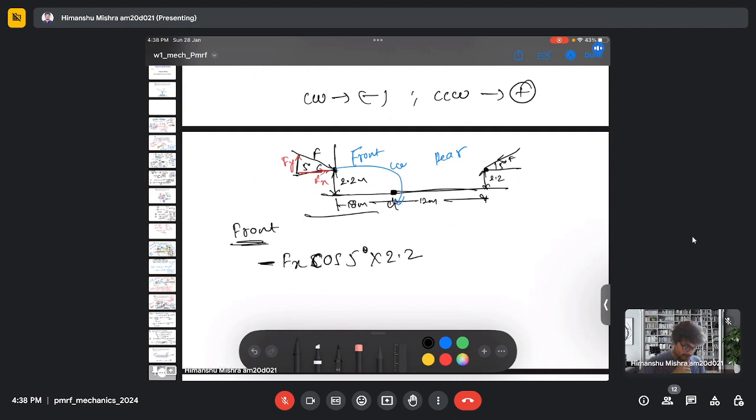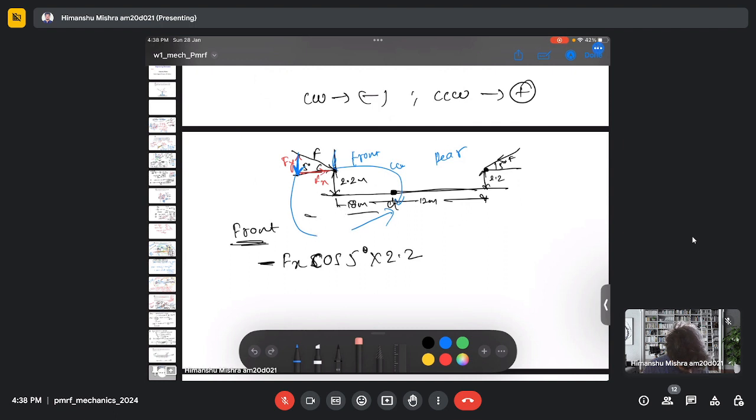And from the Fy, the direction of force is here, so it is acting along the counterclockwise direction, not the clockwise.